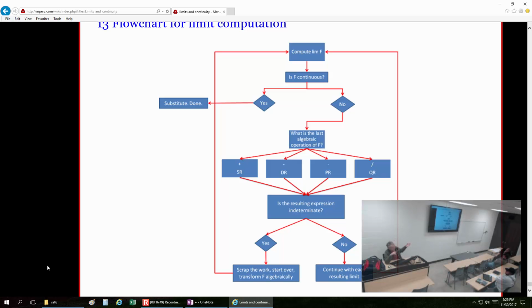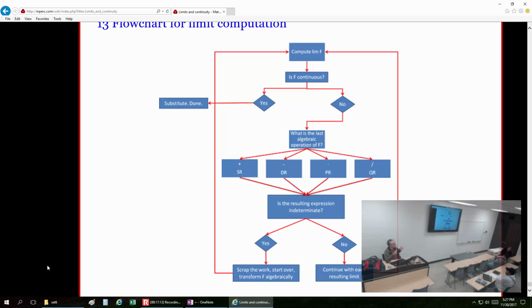The operations are addition, subtraction, multiplication, and division. You break it apart and look at those expressions separately and see if the result is indeterminate. Indeterminate expressions are plentiful: infinity over infinity, 1 to the infinity, 0 over 0, infinity minus infinity. All kinds of nasty things might happen.